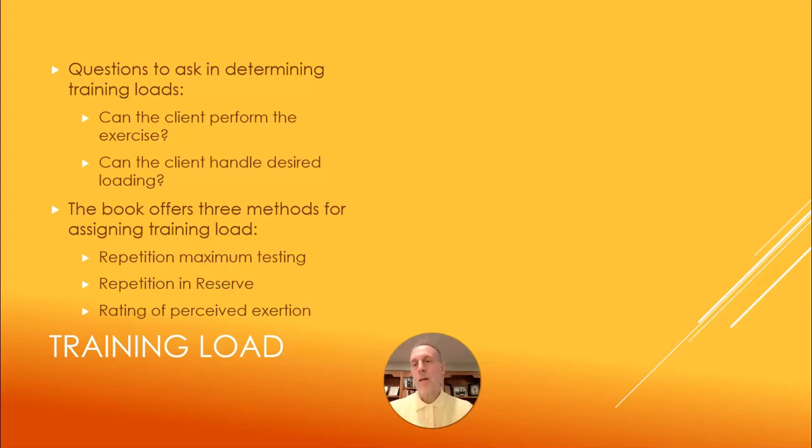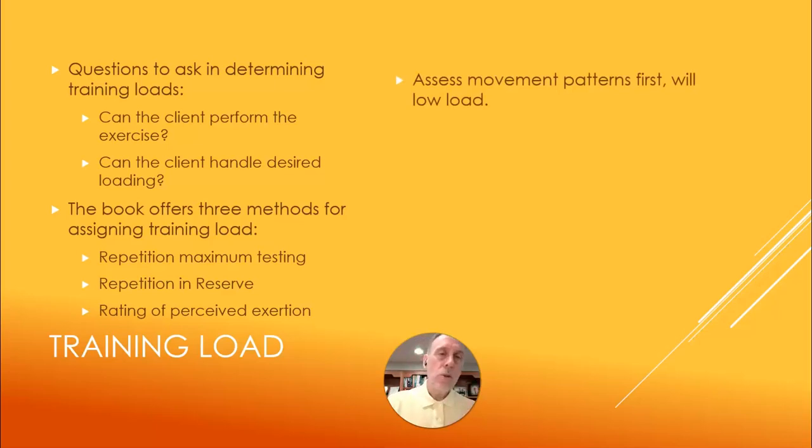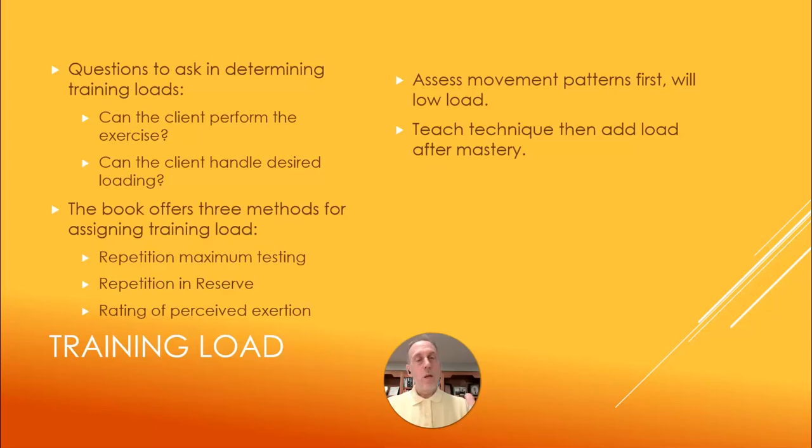So, they offer 3 methods for assigning training load: repetition maximum testing, repetitions in reserve, and rating of perceived exertion. So what you have to do, when you first work with people, is assess the movement pattern and do so under low load to determine if the person is competent to do the movement that you're asking. From there, you're trying to continually refine and teach technique.